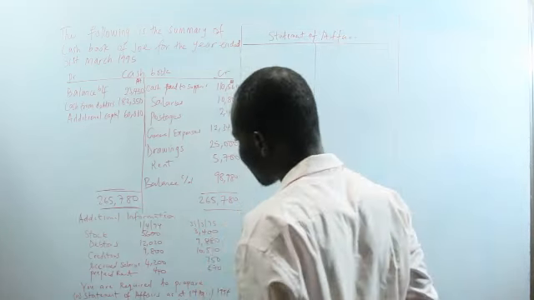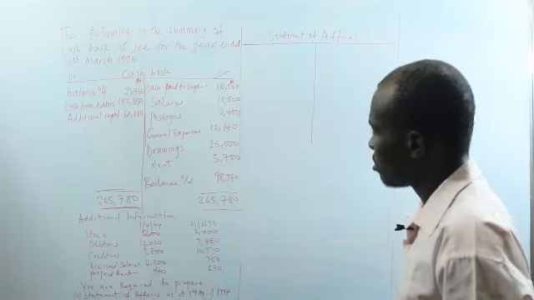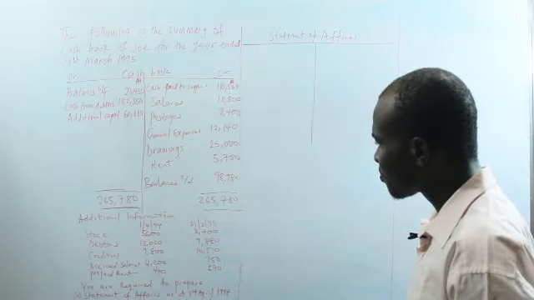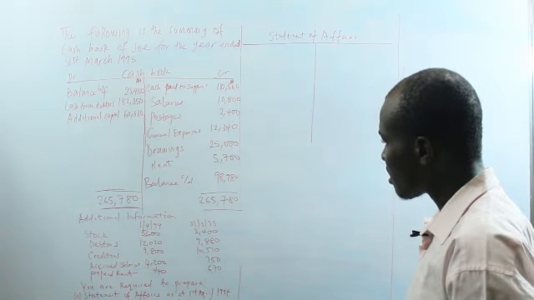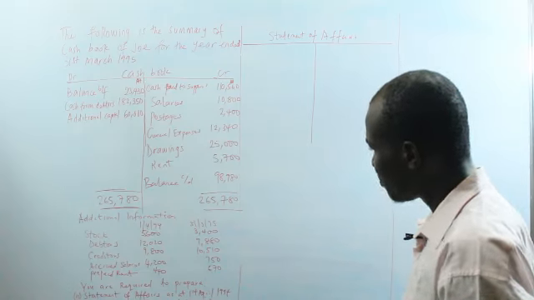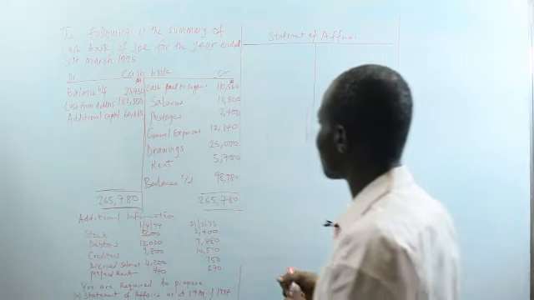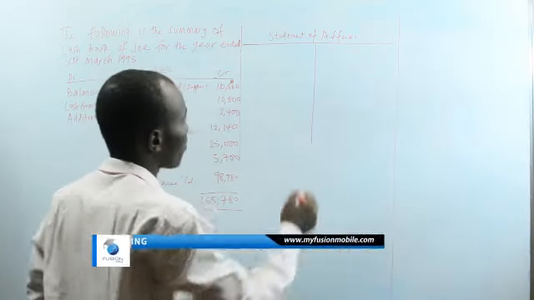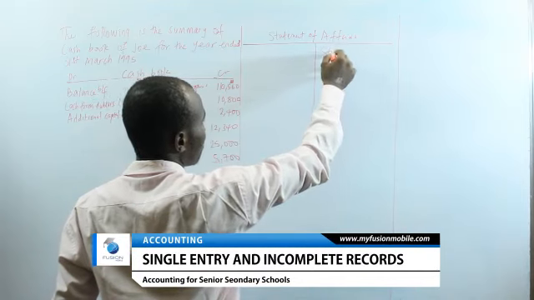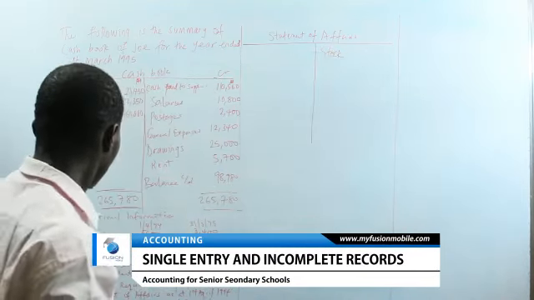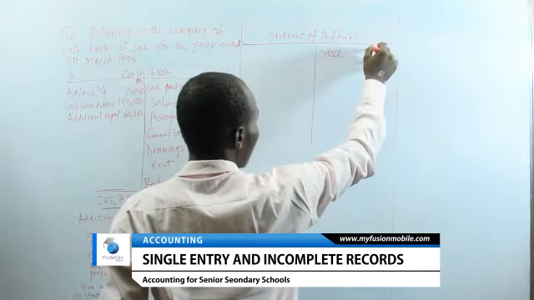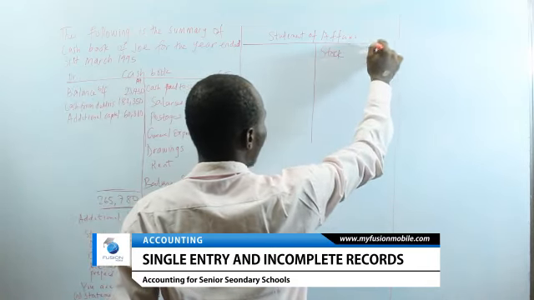Of affairs. We don't have anything like fixed capital, and there is no fixed asset. Let's begin. We have stock, which is 5,600, because we have to calculate the opening capital.